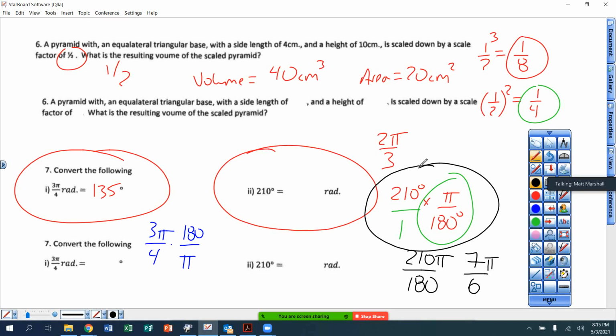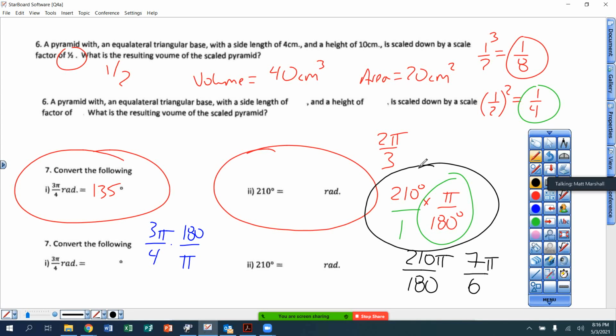I typed in, how many radians is 210 degrees, and they got 3.665. How'd they get that? They times 210 times pi over 180. Yeah, I see.